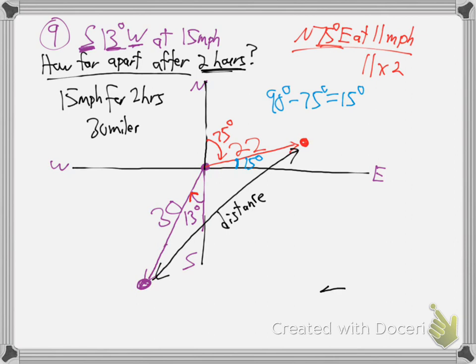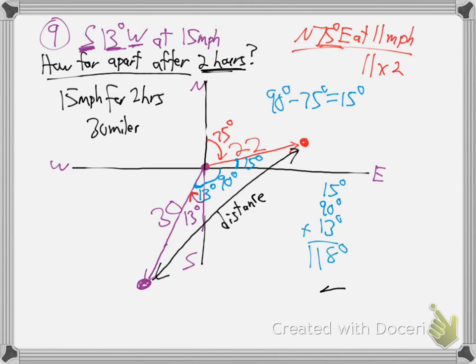Let's just piece it together. This part is clearly 90. It's a right angle. And then this last part here is the direct 13. Add those three up, so 15 degrees and 90 degrees and 13 degrees.